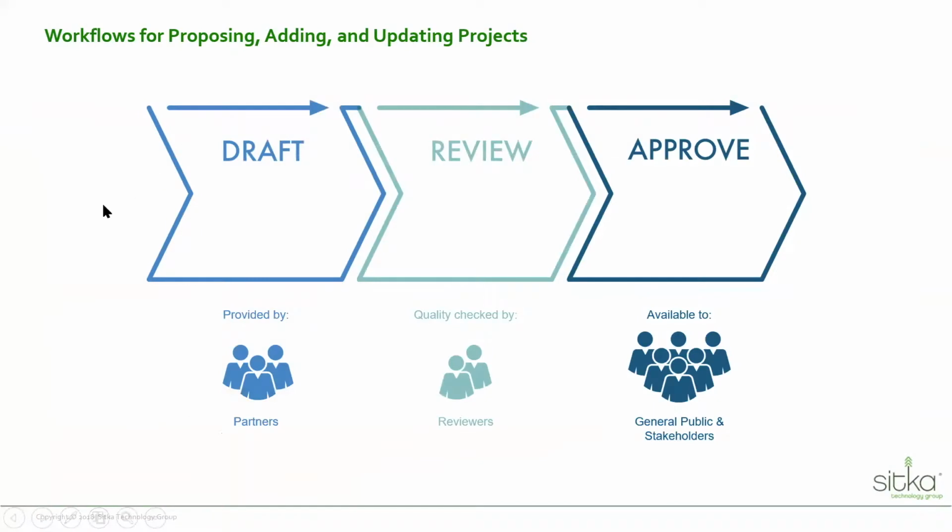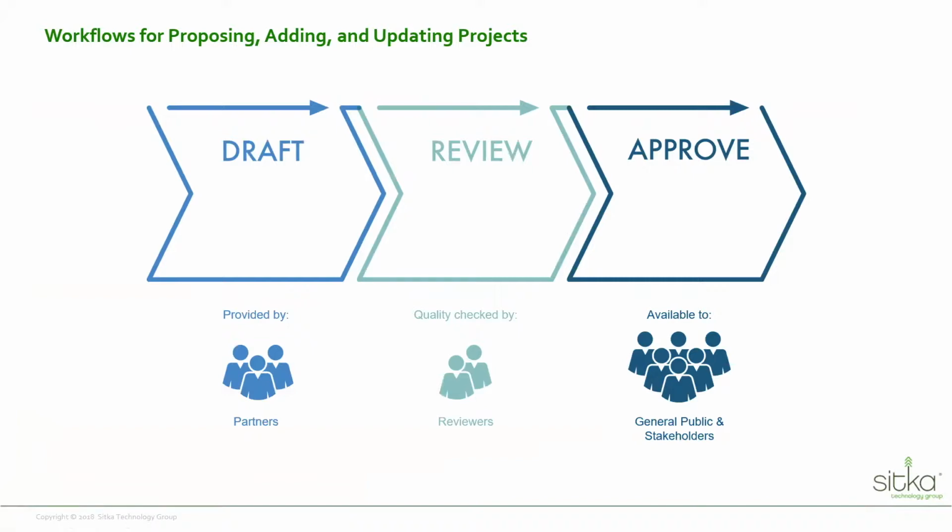The project tracker uses a draft review approve workflow. As the project implementer or project proponent, you will create a draft proposal. This proposal will be available for you to edit until you've entered all of the required data and are satisfied that the data is complete.